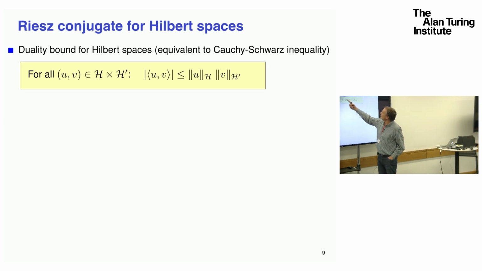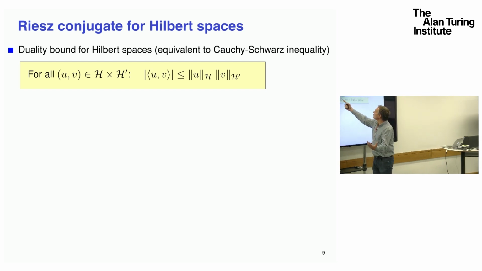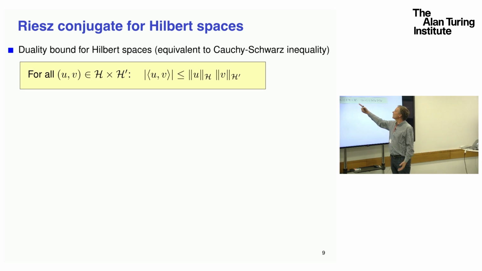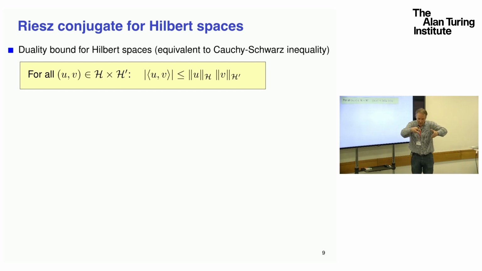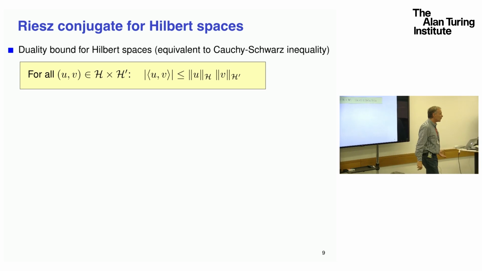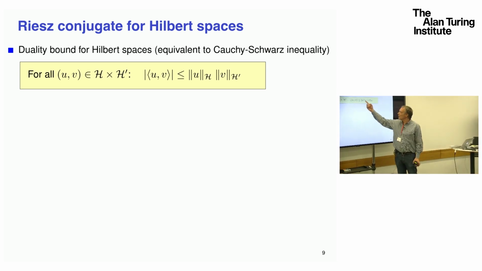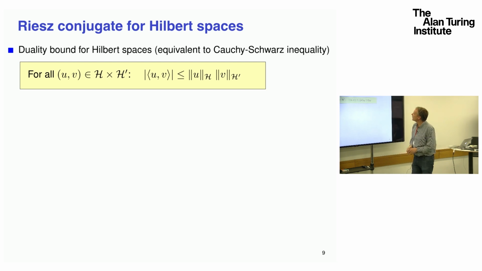Here you have just a duality pairing. Let's say U would be in the Hilbert space, V would be in the dual. So here you have the duality mapping, that gives you a number. And this number is bounded by the product of the norms. Here's the norm of U in the Hilbert space, and here the dual.